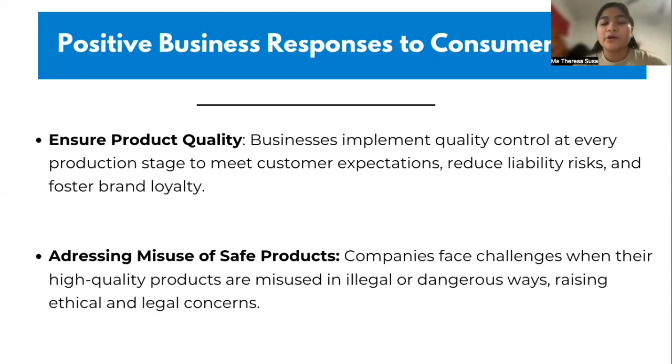For example, with a pharmaceutical company, you're going to buy painkillers with strict usage guidelines, but some consumers misuse them. Sometimes the painkillers lead to addiction and legal issues, despite the product's safety when used correctly.